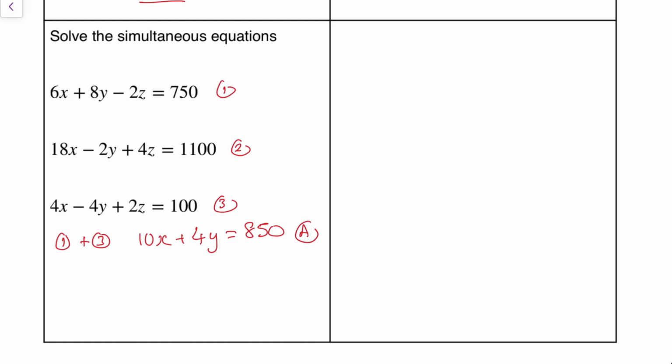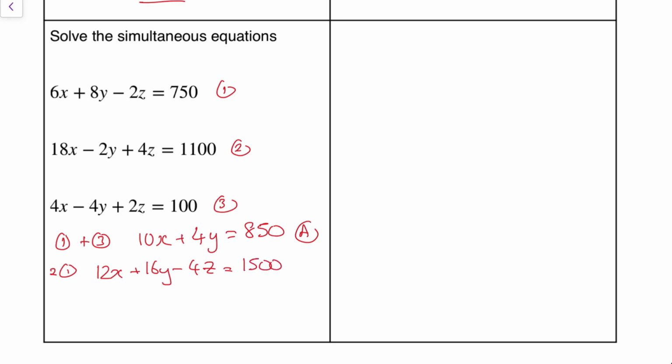Then I'm going to do, well, let's do the same thing again. So let's do equation 2. Oh, sorry, no, 2 times equation 1, get it right, is going to give me 12x plus 16y minus 4z equals 1500.